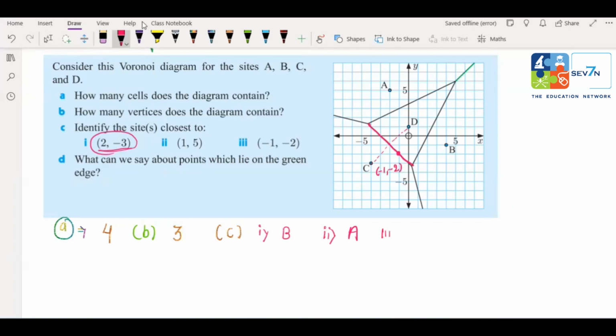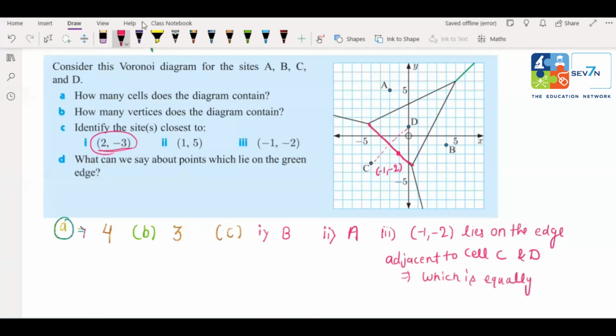So in part C, you can write: (-1, -2) lies on the edge adjacent to cells C and D, which is equally spaced between C and D. For that type of point, you are not supposed to say A or any particular point.